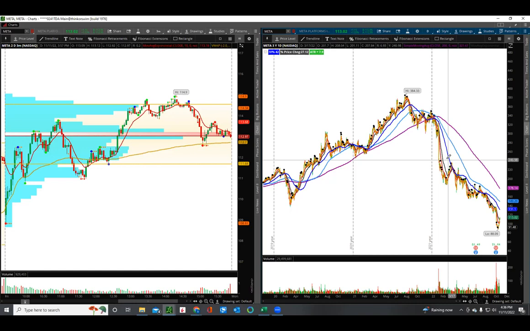Leading indicators give you a real-time picture of what's happening. Lagging indicators just help you determine, in this case, an overall trend, right? But they are lagging because they have to have historical data in order to produce their results.